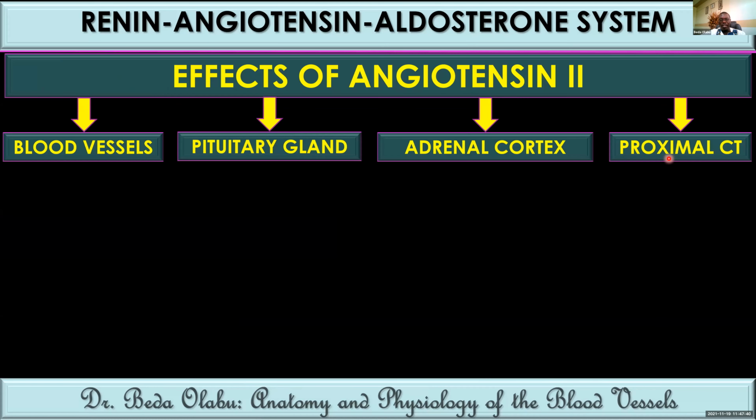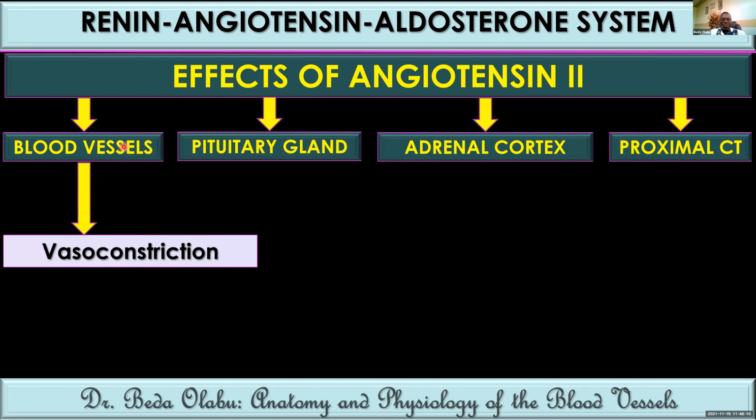The fifth one is the hypothalamus itself. Because the hypothalamus is not in this slide, I will finish with it, but let me describe these ones first. That means that the receptors of angiotensin 2 are present in all those sites.